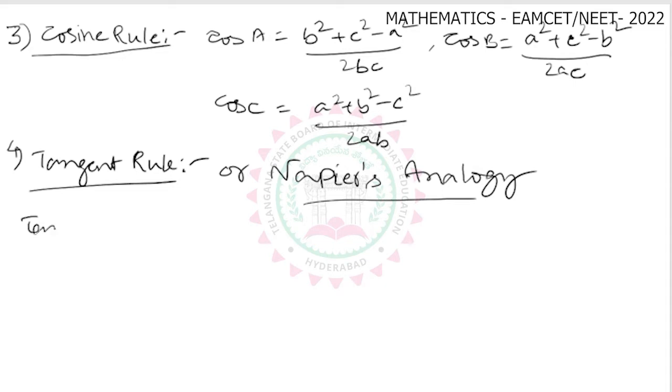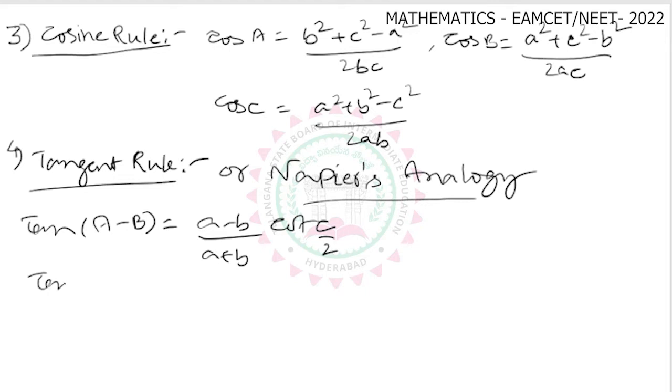The formula is like this: tan of (A minus B) by 2 is equal to (a minus b) by (a plus b) into cot C by 2.